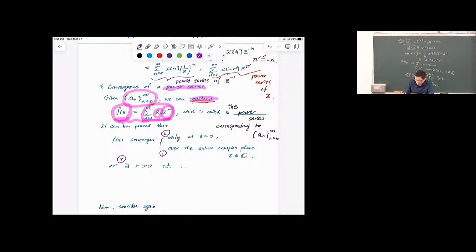The third case begins with existence. For the third case, there exists a radius, where r stands for radius.